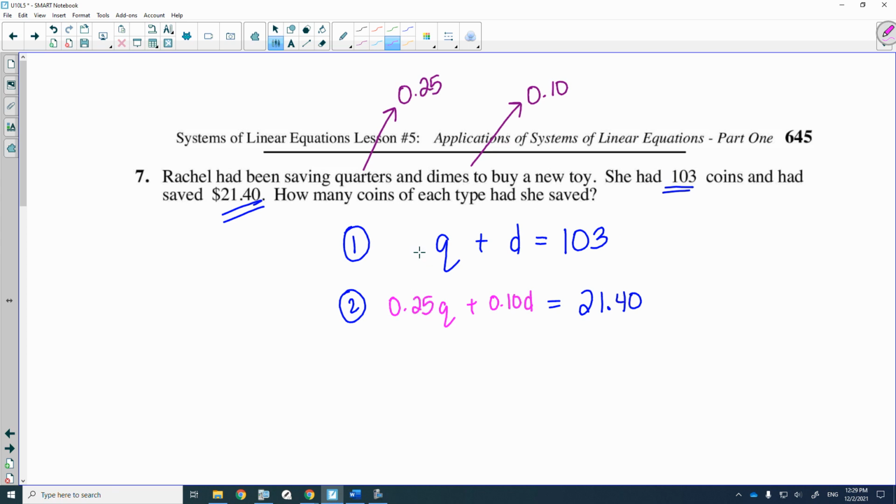So you decide: do you want to multiply this first system by 0.25 and then eliminate your quarters? Or the alternate way, if you want to do substitution, is Q equals minus D, right? Then you get what Q is equal to, and you take out Q here and put in your substitution. You choose.